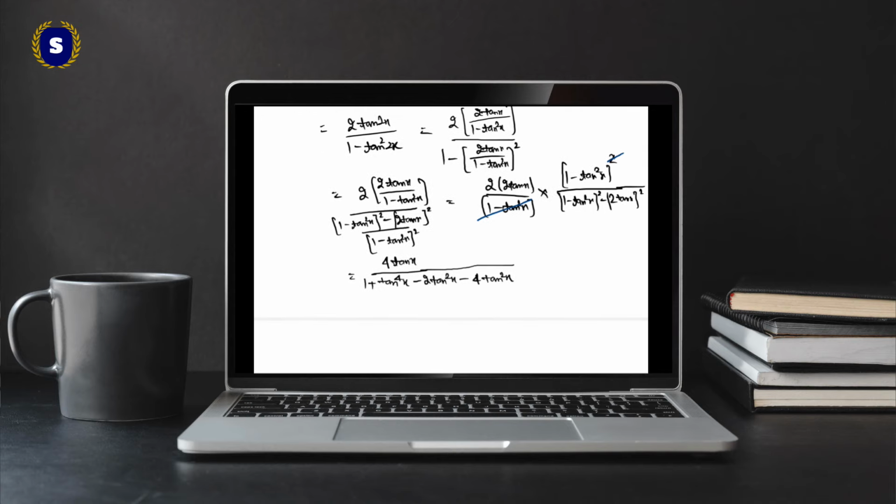Solving this, we'll get 4 tan x upon 1 minus 6 tan square x plus tan 4x. This was the RHS. Hence proved. Let us jump to the next question.